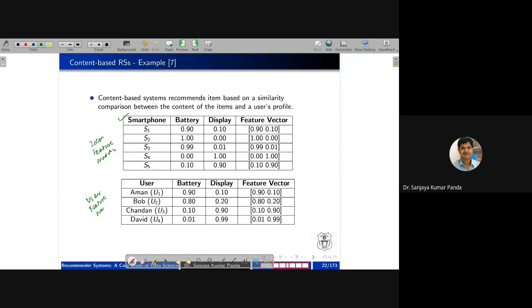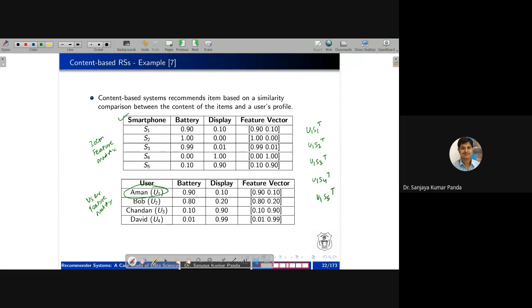So there is no rating matrix given here in the content-based recommendation system. You can consider the features directly, and suppose you want to suggest something to Aman. So what will you do?